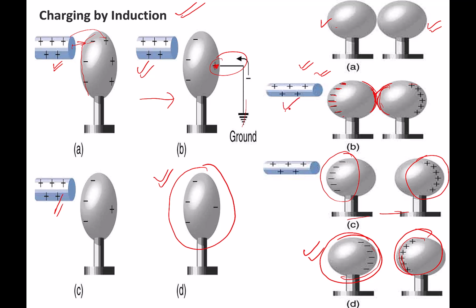If we know what charge the rod has, we can depict spheres A and B. We cannot see these charges, but we logically know if I bring a positively charged rod closer to the combination of A and B, negative will be attracted this side and positive will go to the other end because of repulsion. And hence, in these steps A, B, C, and D, we can create a positively charged metal sphere and a negatively charged metal sphere.